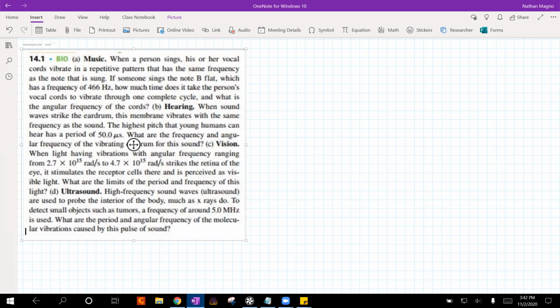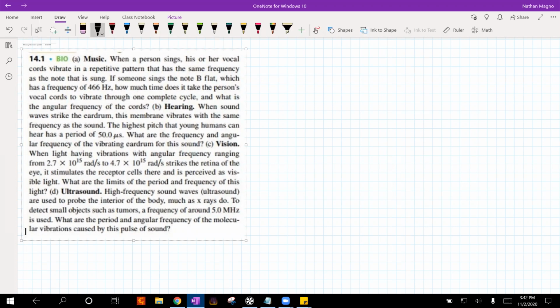For part A, let me circle the exact question before we start. How much time does it take the person's vocal cords to vibrate through one complete cycle? And what is the angular frequency of the chords if someone sings a note of B flat, which has a frequency of 466 hertz?